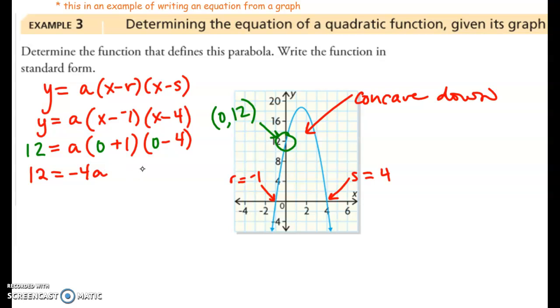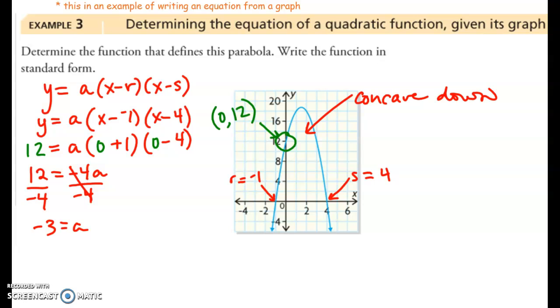Usually we write the coefficient before the variable letter, so I've kind of flipped the negative 4 to the left side of the a, which is still fine for multiplication. Okay, solving for a here, the negative 4 is being multiplied by a, so we divide by negative 4 on both sides. And then 12 divided by negative 4 gives us negative 3 equals a. Okay, now we know everything.